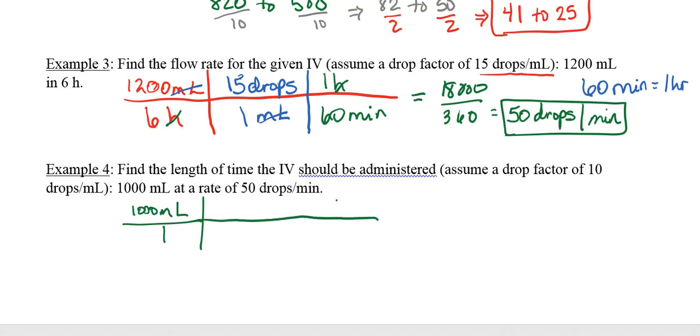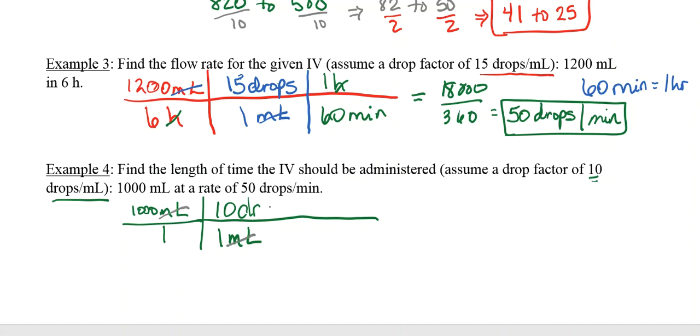And they're going at a rate of 50 drops per minute. Okay, so I'm not actually going to move to the 50 drops yet because I only have milliliters. So I'm going to work with the stuff that I know about milliliters. I know that there are 10 drops per milliliter. So let's put that one in first. I need the milliliter on the bottom, which puts the 10 drops on the top.